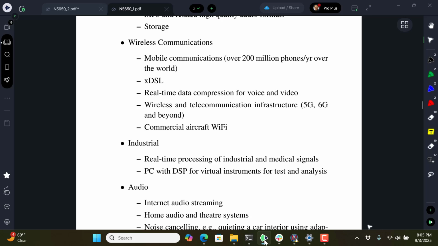5G and 6G are pushing out. We'll eventually be having 6G, but we have a lot of signal processing there at the baseband level, but more so at the RF level, where we can do things with the newer infrastructures.